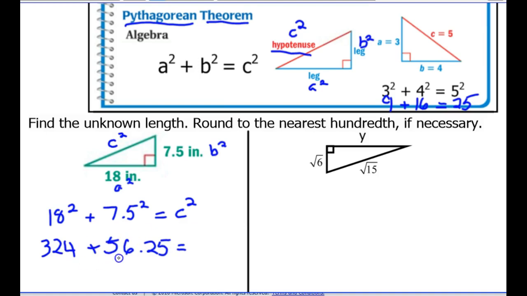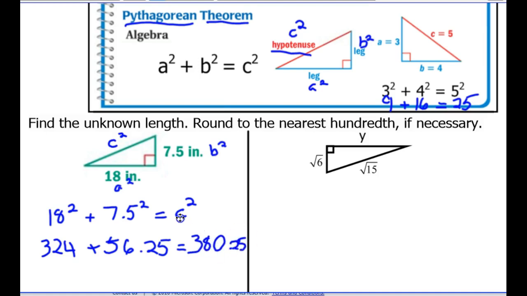Now if we add it all together, that is our c squared. So 324 plus 56.25 gives us 380.25.